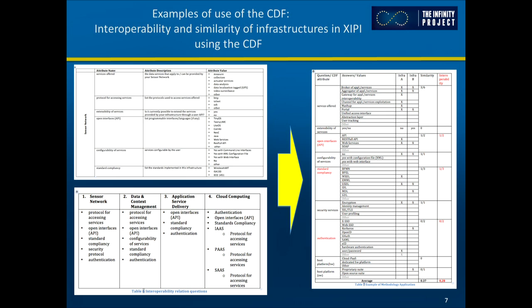Also, there are some other uses. For example, I want to find interoperability and similarity of infrastructures in CP using the CDF. So we did the job for our CP portal with all these infrastructures to find the similarity and interoperability. We took, for example, system network, data and context management, application service delivery, and cloud computing.